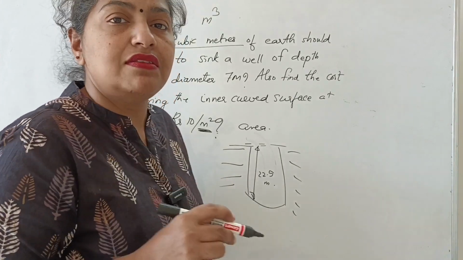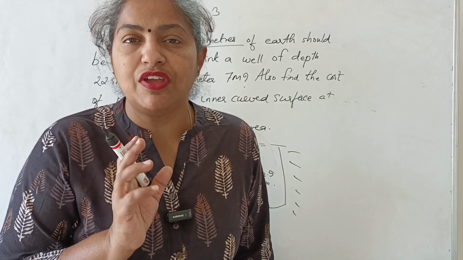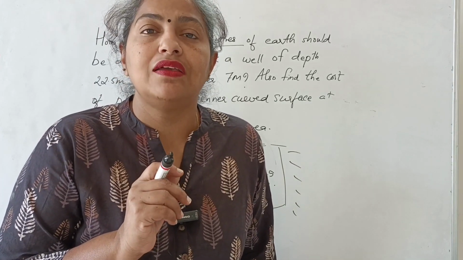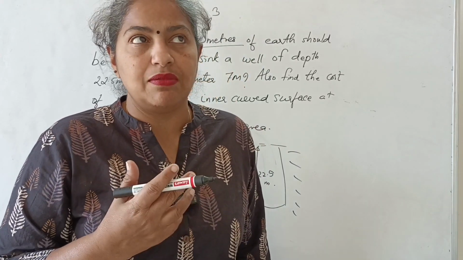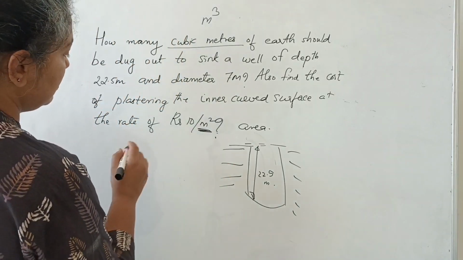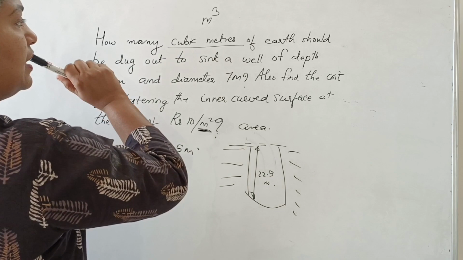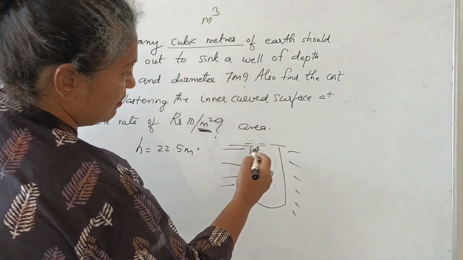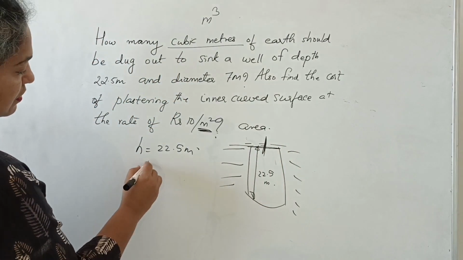A well is in the shape of a cylinder. A water tank is in the shape of a cuboid. A canal is in the shape of a cuboid. But a well is in the shape of a cylinder, unless they mention it's a square well. Okay, whatever. So height is 22.5 meters. Okay. Now the diameter is 7 meter. This is 7 meter. So my radius is 7 by 2.